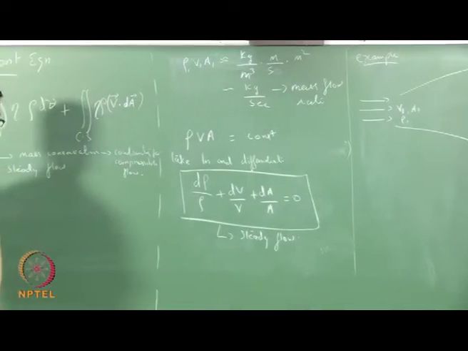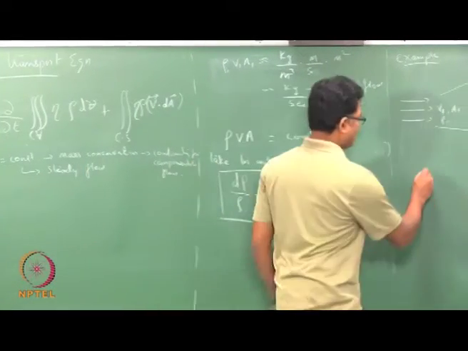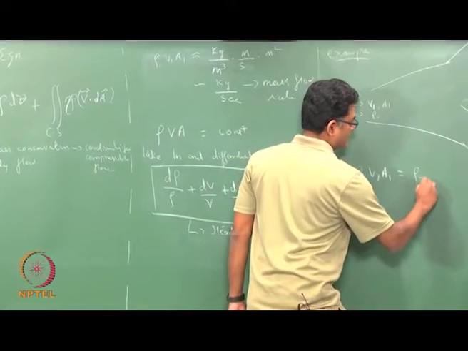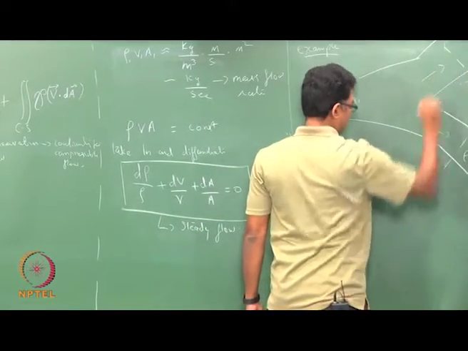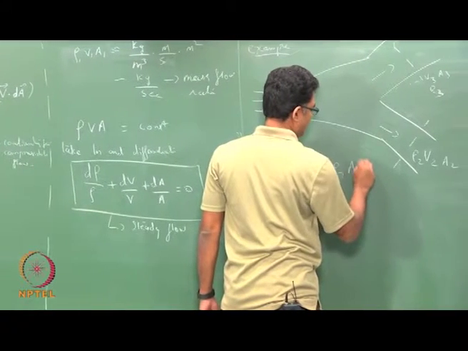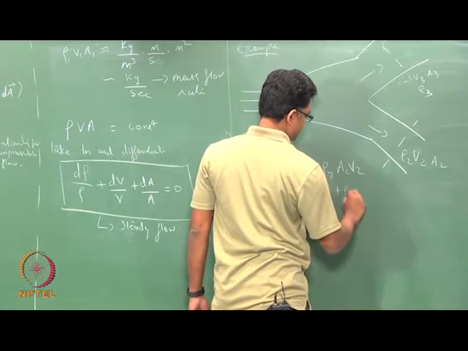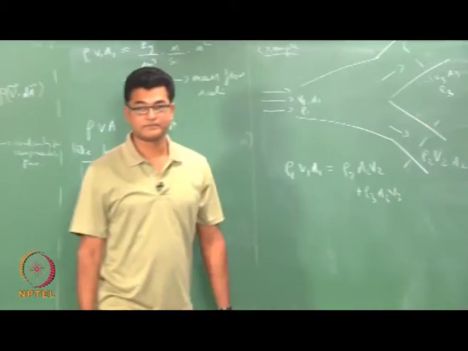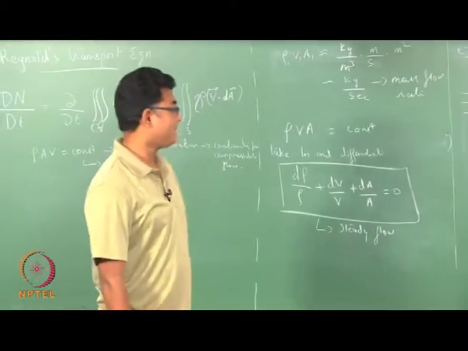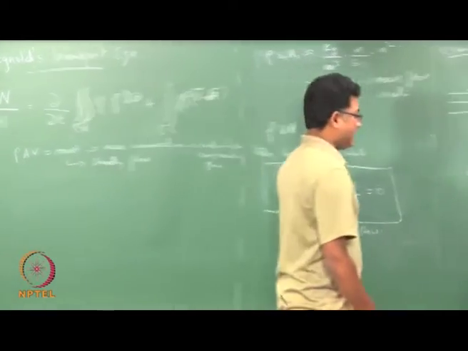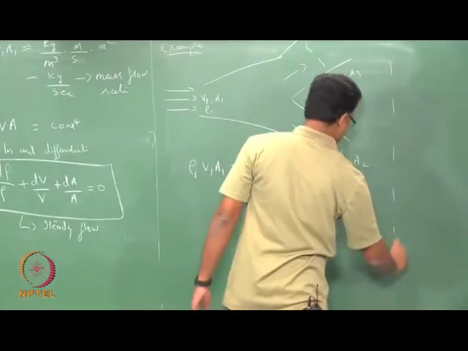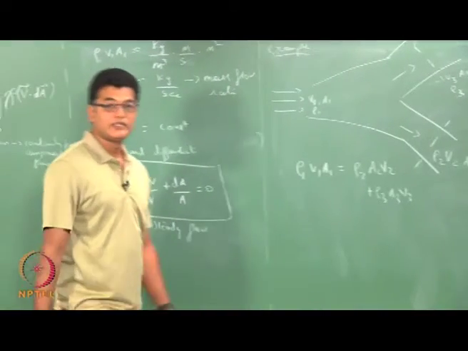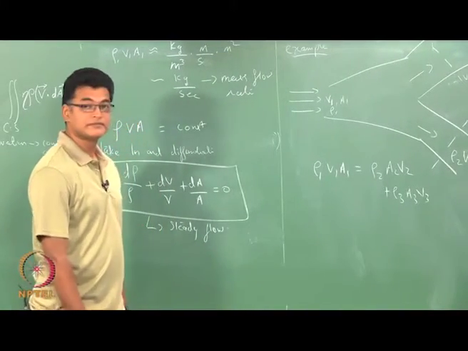You could apply this equation. So, your rho 1 V 1 A 1 is equal to rho 2 A 2 V 2 plus rho 3 A 3 V 3. Okay. So, we will see further on this after discussing the momentum equation and energy equation.